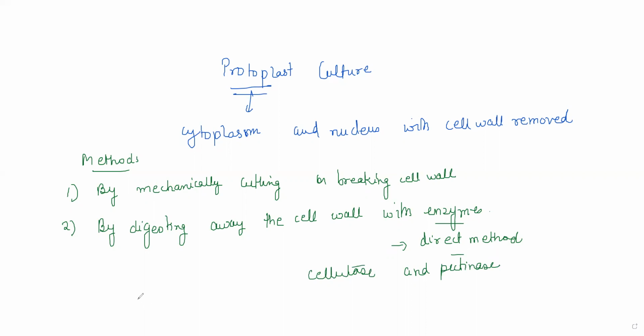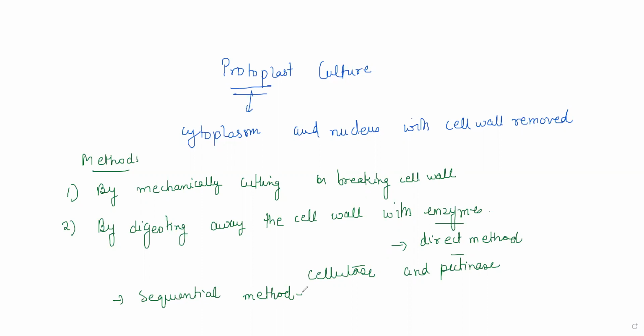There is another enzymatic method, which is also called the two-step method, या फिर उसको हम बोल देते हैं sequential method. इसमें क्या करते हैं?